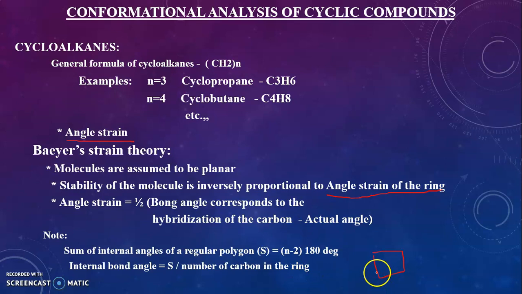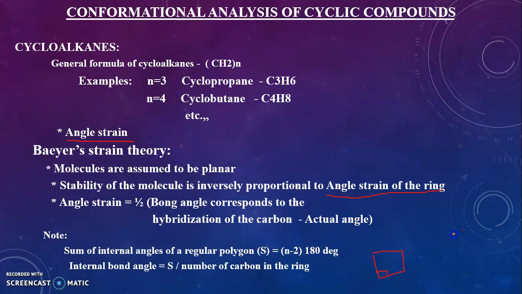So the internal bond angle at each carbon is 90 degrees in the case of cyclobutane. Listen, assuming the rings are planar and all the rings must be regular polygons, under this assumption, we can calculate the internal bond angle using this formula.